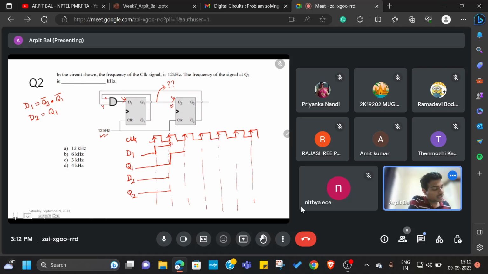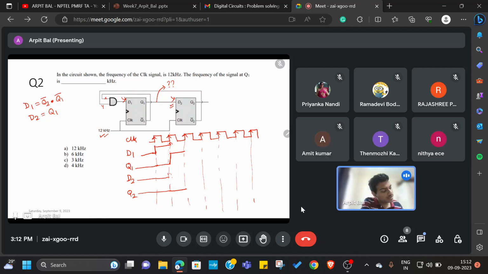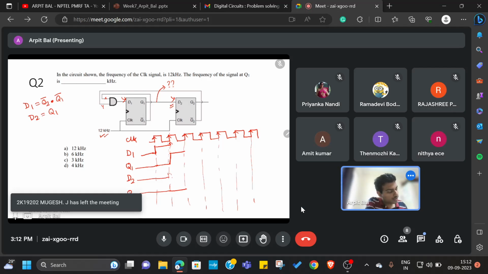Q2 takes the previous value of D2, which is 0, but Q1 becomes 1. And as I mentioned, this is combinational logic, so because Q1 is 1 and Q2 is 0, we have Q1 bar equal to 0. Because Q1 bar is 0, D1 will be 0. Is this point clear?